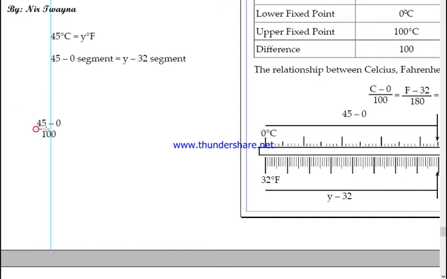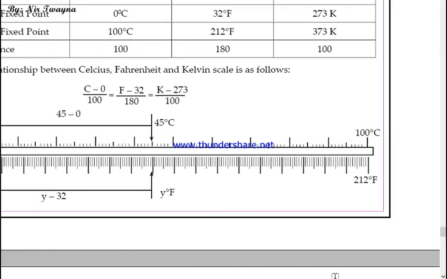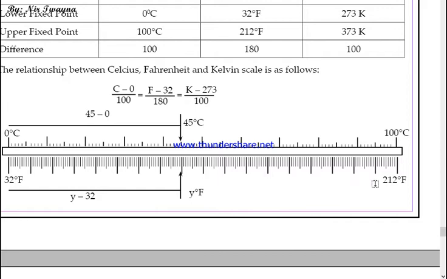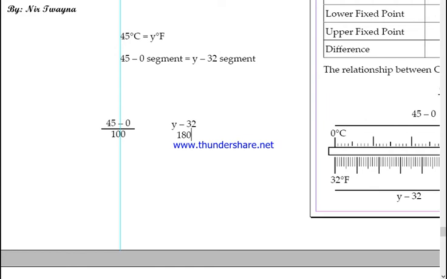Let me put a fraction over here. Similarly, we have y minus 32 segments also, isn't it? If we divide y minus 32 by 180, because for the same length in the Fahrenheit scale there are 180 segments, then this segment is converted to length.